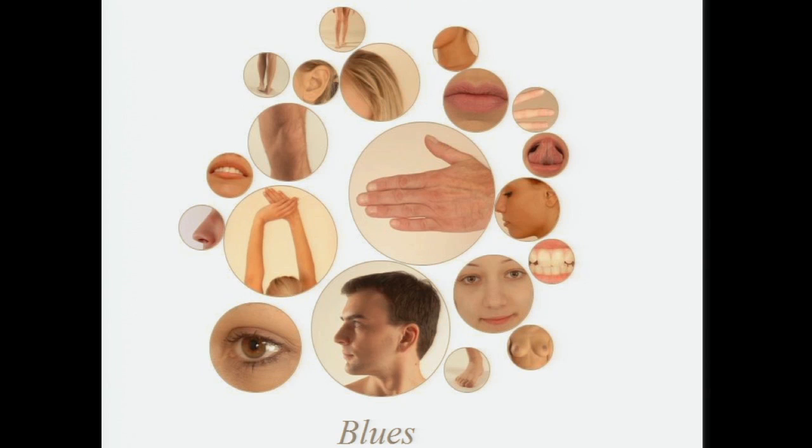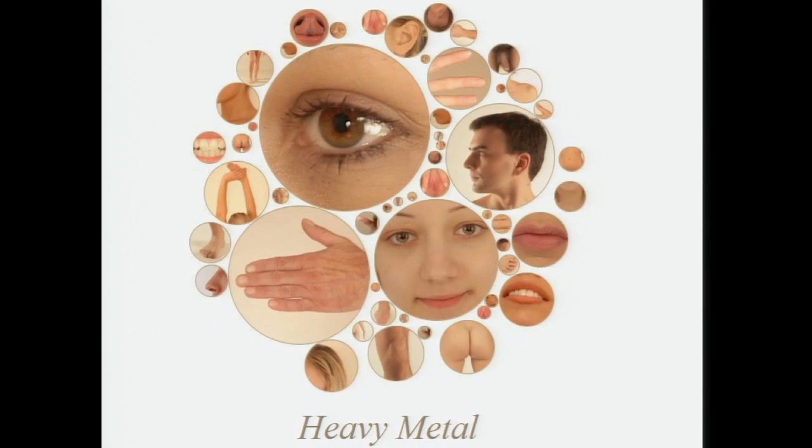It has fewer body parts, but again, faces and hands and arms, a lot of knees. People are down on their knees a lot in blues. And eyes, right? And then you get into places like heavy metal, which happen to have a whole lot more body parts, but again, they focus on the eyes and the hands and the face, okay?